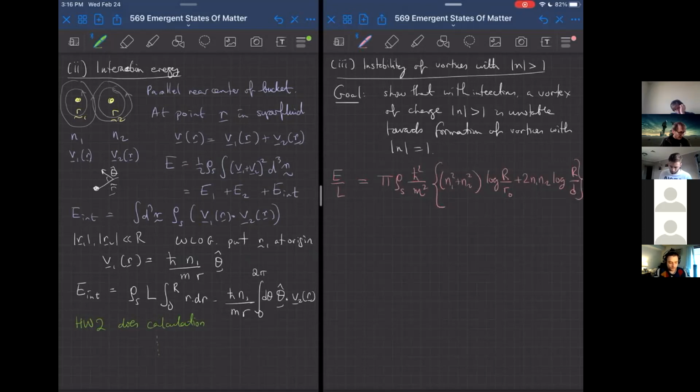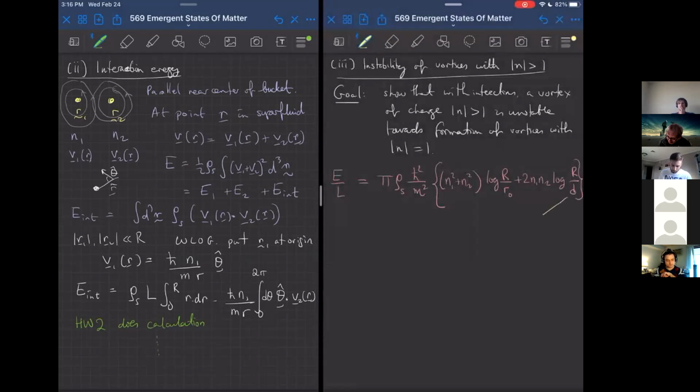So in this formula here, the distance between our vortices is given by this d.